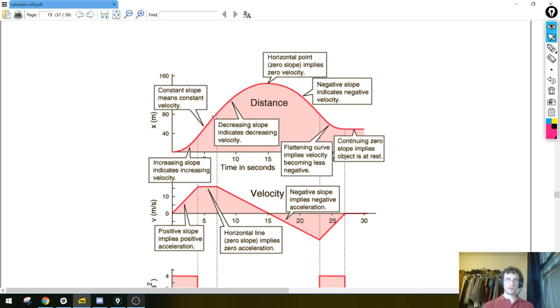Then in this regime, between the dotted lines, as the speech bubble says, the slope is constant, so he's still moving to the right, but with constant speed.